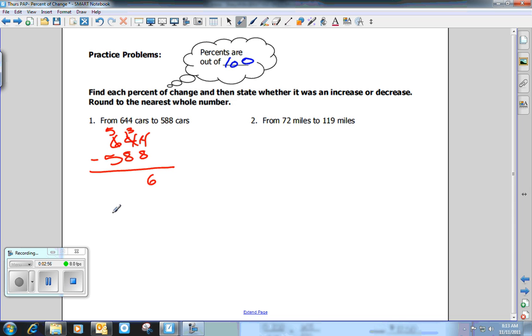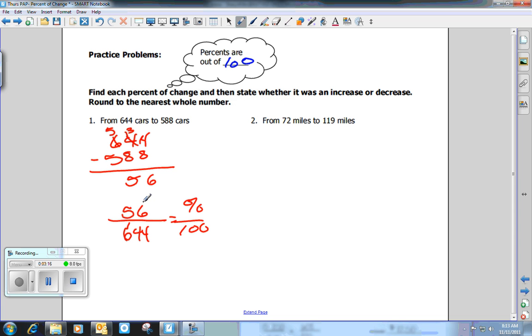Okay. All right. So once I've done that, I have a change of 56 cars. So that change of 56 cars goes over the original amount of cars I had. I started at 644, and that will equal the percent out of 100.